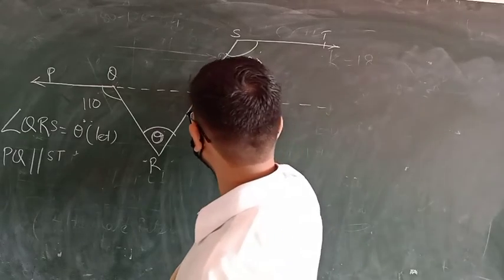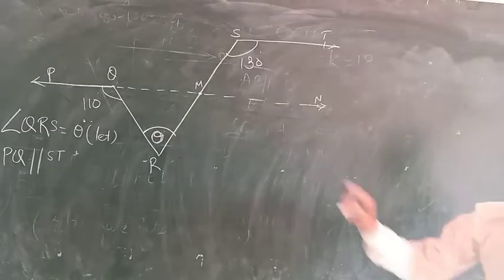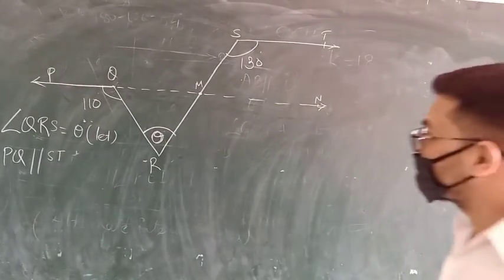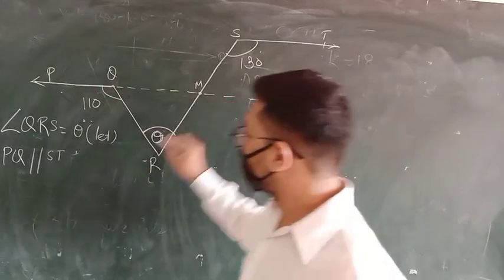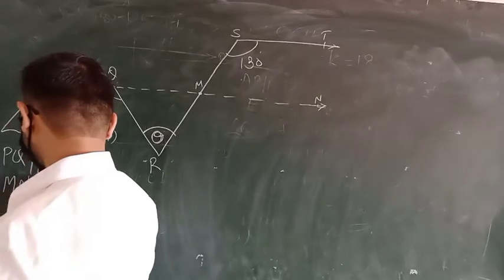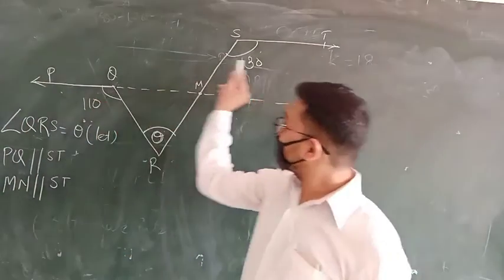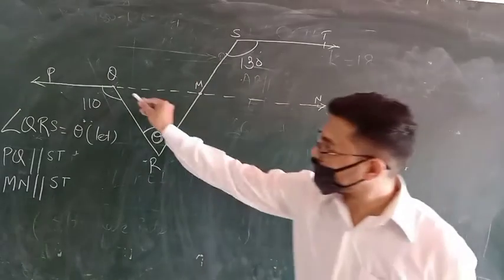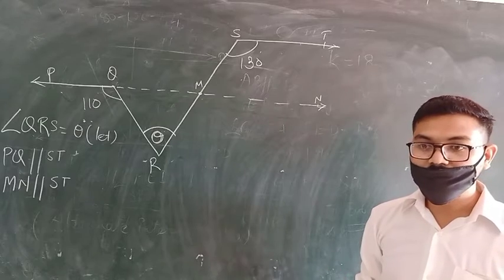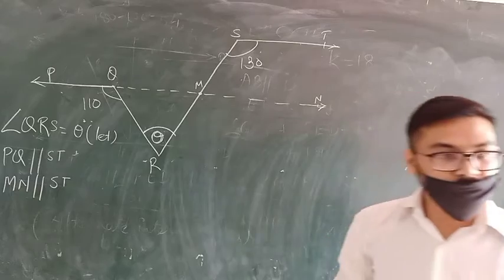And let's say this point is M and let's say this point is N. So if PQ is parallel to ST, you can write MN is also parallel to ST. Any doubt in this? Beta, PQ is parallel to this line, it is given in the question. So obviously if you extend this line forward, this line will be parallel to it. Any doubt?